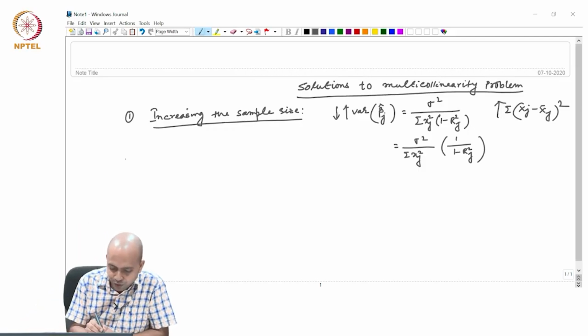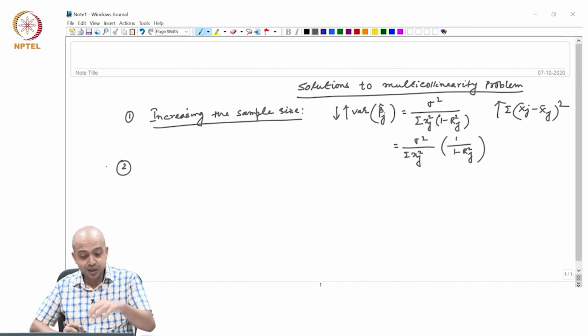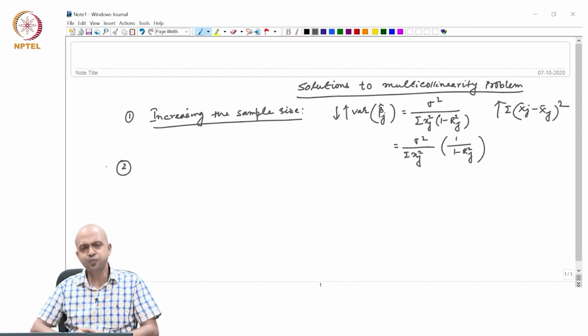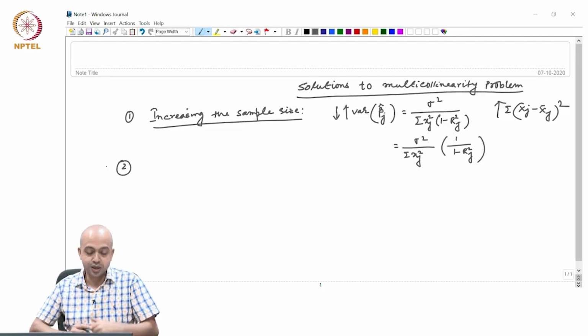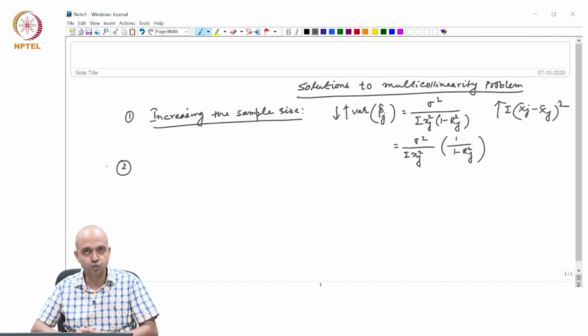Now, today we will talk about another solution, solution number 2. But please keep in mind that all these solutions we are talking about have some benefit and some cost as well. We do not know which particular solution will work in which particular context. That is why no particular measure can give you a universally true solution, and that is the reason we are discussing so many alternatives.